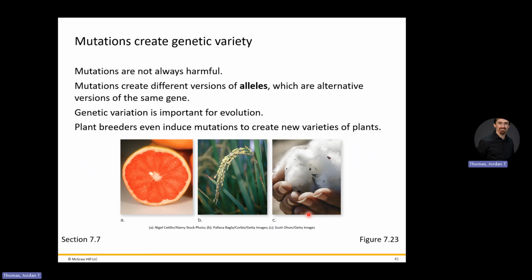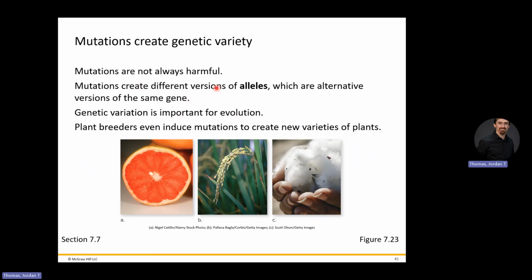Mutations can create genetic variety. We're going to see later on, I believe in this unit, that not all mutations are dangerous. Yes, mutations can cause disease. They can cause cancer, they can cause a lot of problems, but they're not always dangerous. Mutations can cause variations too.